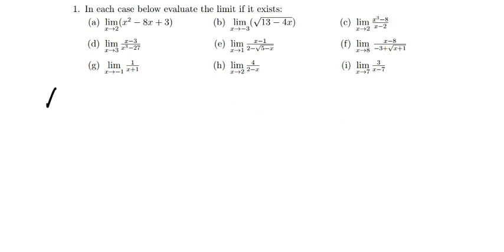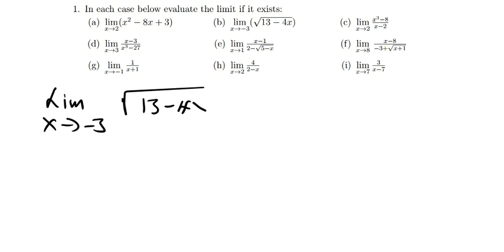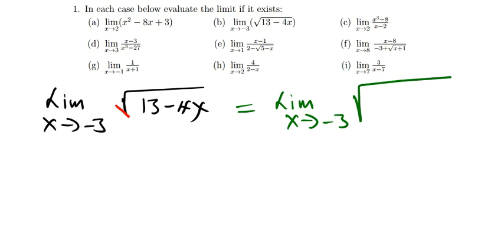Going back to B, the limit as x approaches negative 3 of the root of 13 minus 4x. Think of a radical, a square root. What makes it undefined is when you get a negative under the square root. In this case, if you put in negative 3, are you going to get a negative or not? So just substitute. The limit as x approaches negative 3, the square root of 13 minus 4 times negative 3.